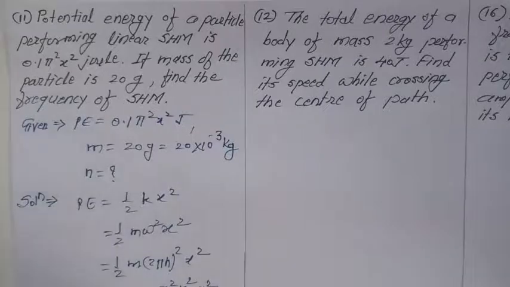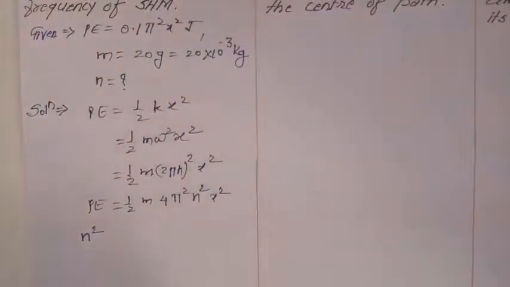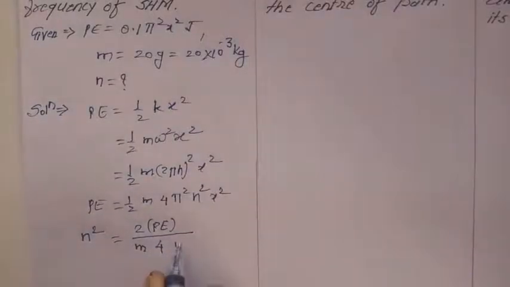From this equation, and here is the potential energy, I can obtain the new formula for n square. See here, for n square I can write 2 into potential energy, twice the potential energy, upon m into 4 into pi square into x square.